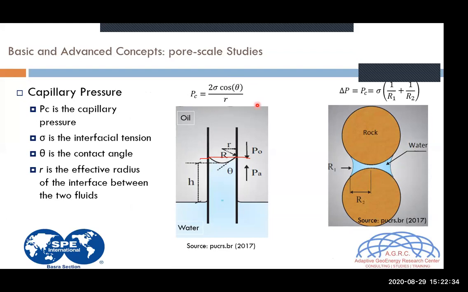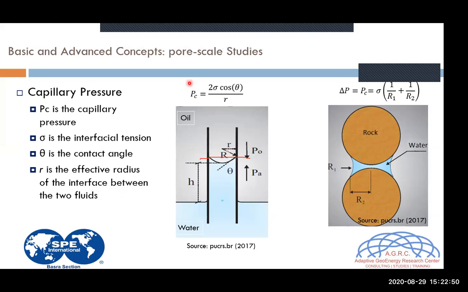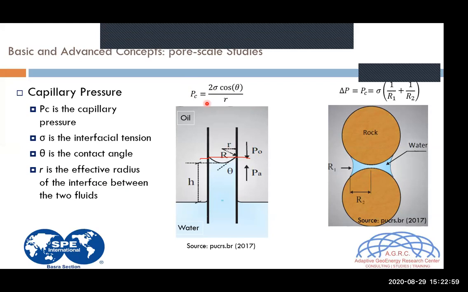You are correlating the capillary pressure, the first one here. You're correlating interfacial tension that we mentioned before. You're correlating contact angle between the phase, effective radius, this part here, effective radius between the two interfaces. This equation here can be used, for example, during a simple two-phase flow simulations as your parameter to control the pressure difference between two different phases, okay?